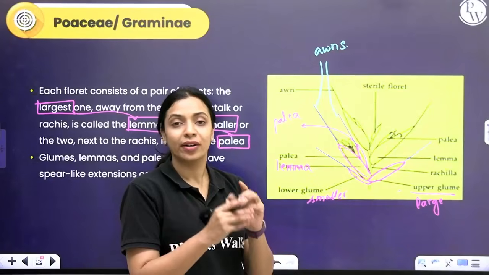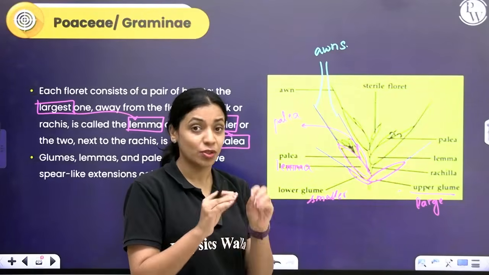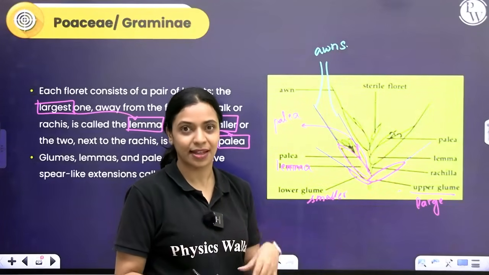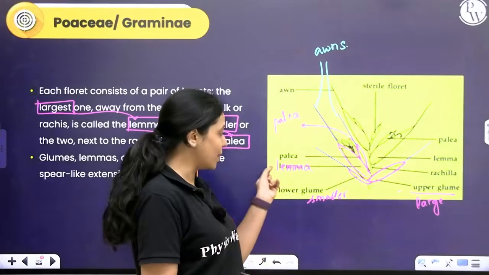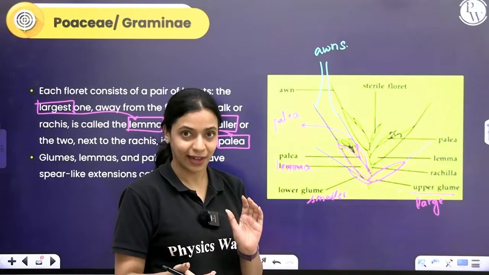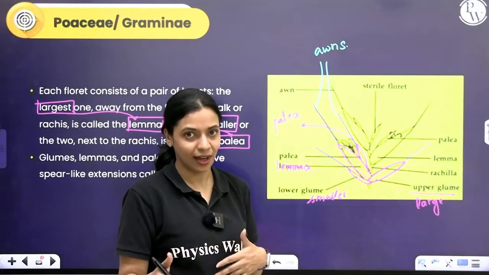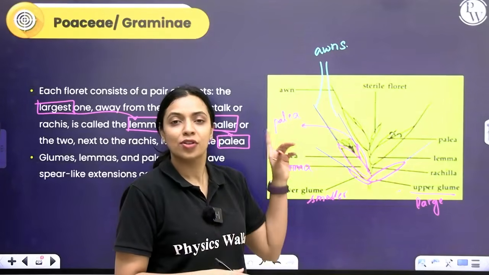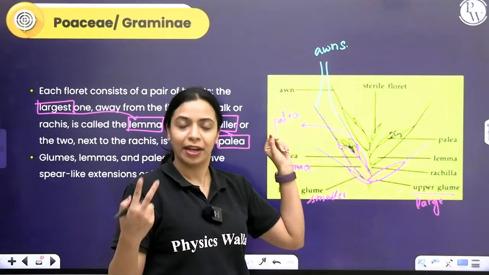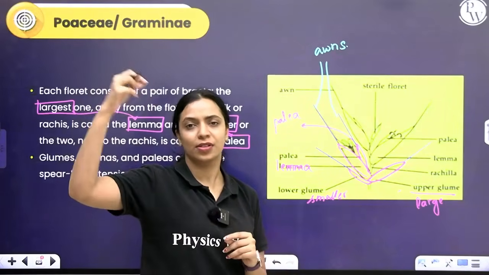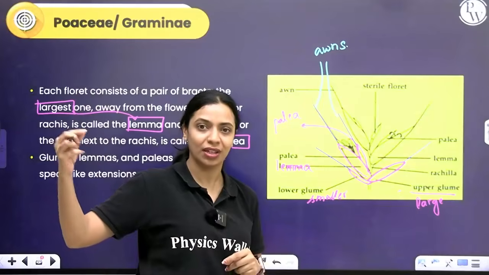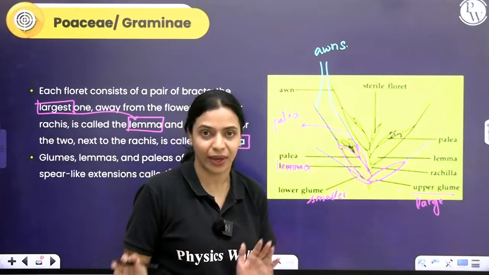Individually, each floret will also have its own pair of bracts, again variable in size. There is one large one, one small one. The large one is called lemma and the small one is called palea. Within that, you will have the other floral parts. So these bracts, glumes, lemma and palea in some species will have sharp spear-like structures arising from the tip. They are called awns, A-W-N-S.